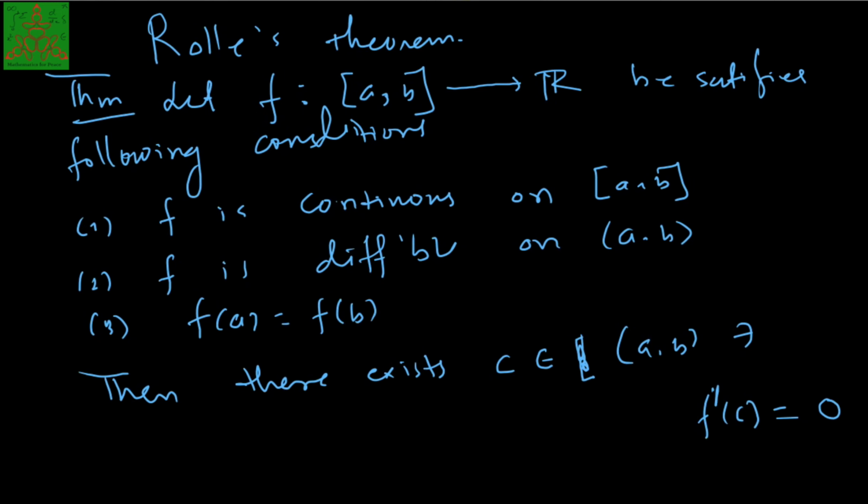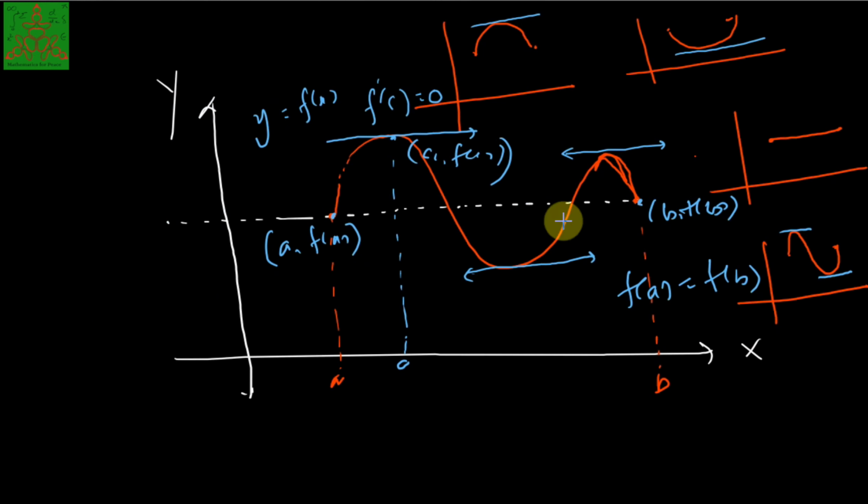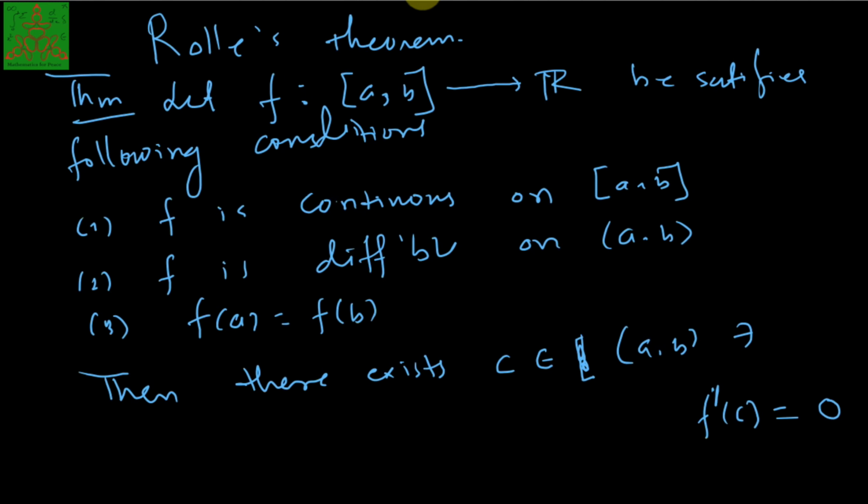If we observe what happens at those points where the derivative is 0, it is either a maximum point or a minimum point, if it is in between the interval AB. So that is the idea for dealing with this theorem. Let us try to prove this statement.